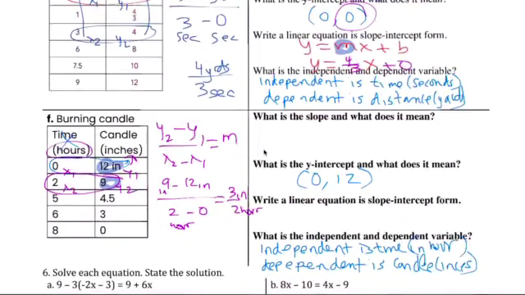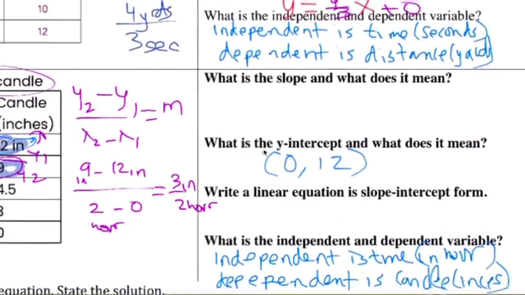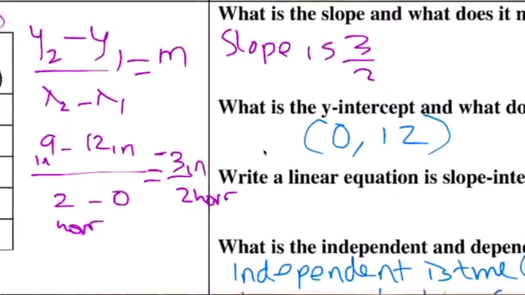This is the burning candle, right? Slope is 3 over 2, negative. Don't forget 9 minus 12 is a negative.